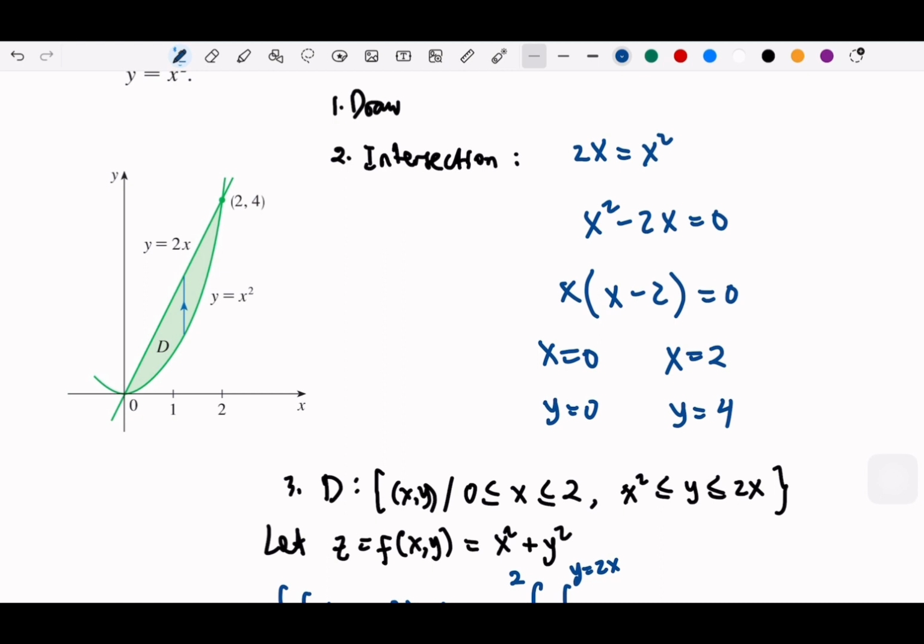For example, x is half y, and here x is taking the square root of y. Okay.